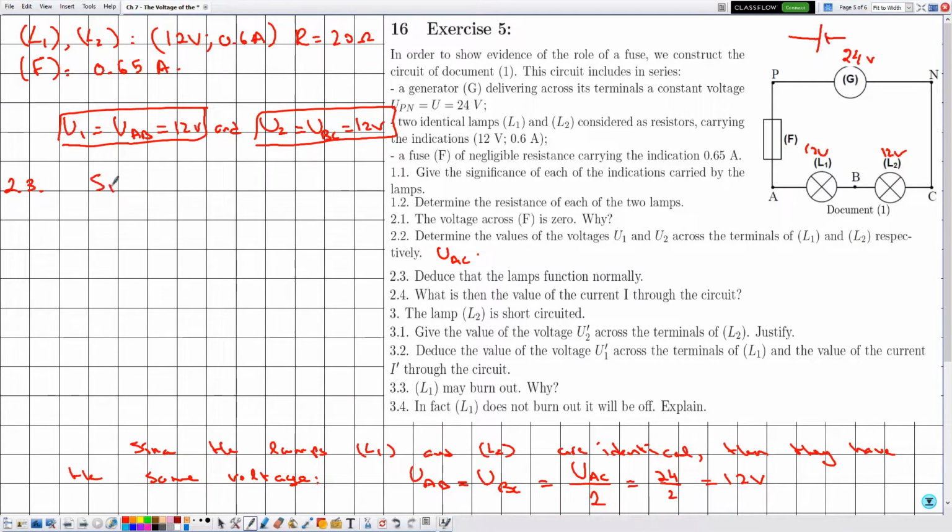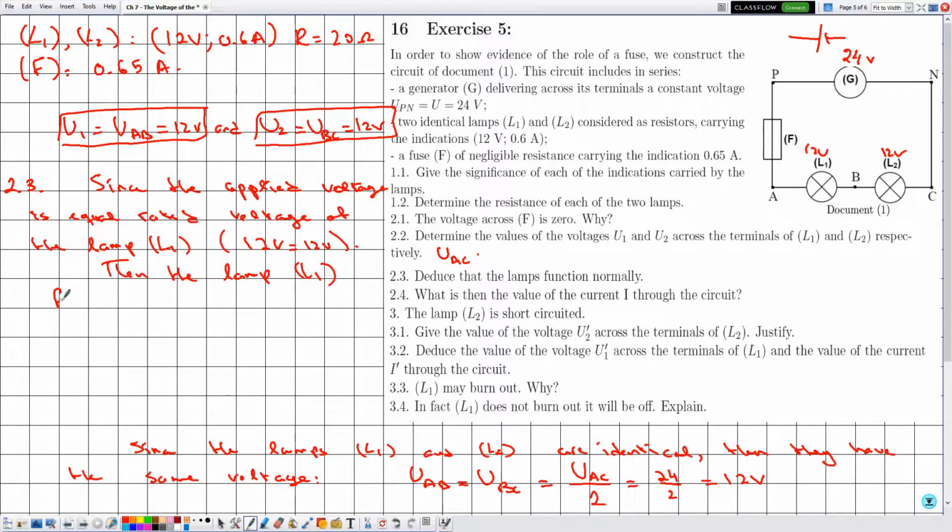Since the applied voltage is equal to the rated voltage of the lamp L1, or you can discuss the lamp L2, 12 volts is equal to 12 volts, then the lamp L1 functions normally.